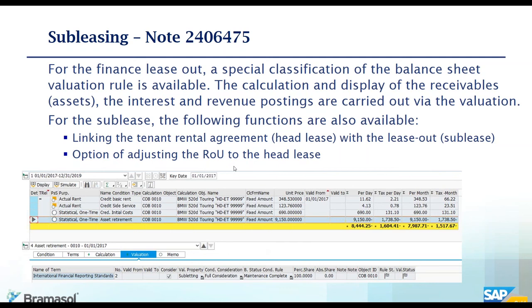You see below the example of the statistical one-time asset retirement and how it has a valuation property of subletting, and how we consider it. It's 100% considered, and it reduces the corresponding liability. This functionality is delivered by note, so after you've delivered the initial support package, you can apply this at your convenience.